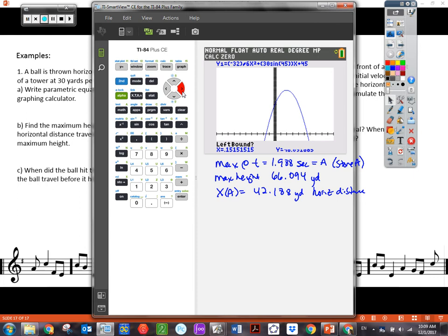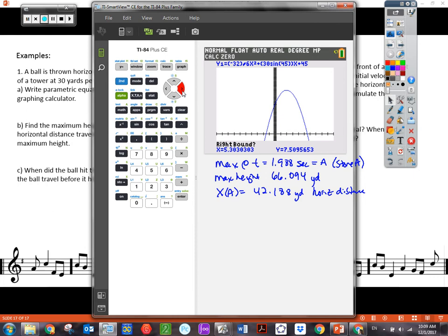And I'm going to go over here, okay, so I'm to the left of the zero. And now let's go to the right of the zero and make it work. Okay, so now our calculator believes that x is 5.5094. That's what our calculator believes, and we're going to store that.